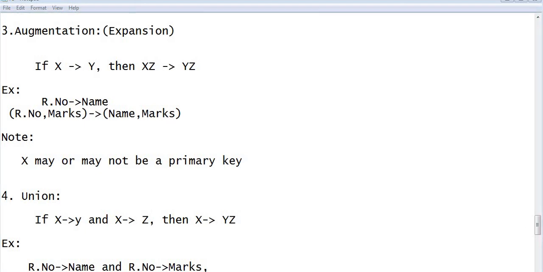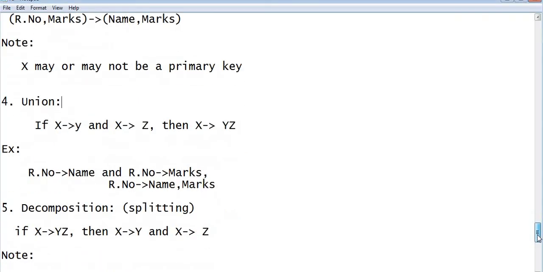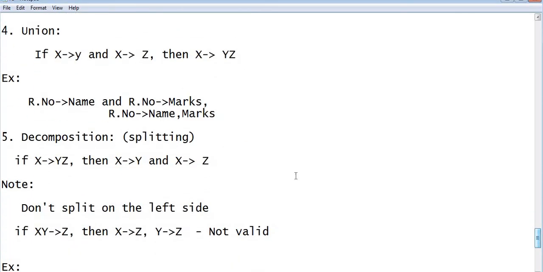The next property is called the union property. The property is, if X determines Y and X determines Z, then X determines YZ.